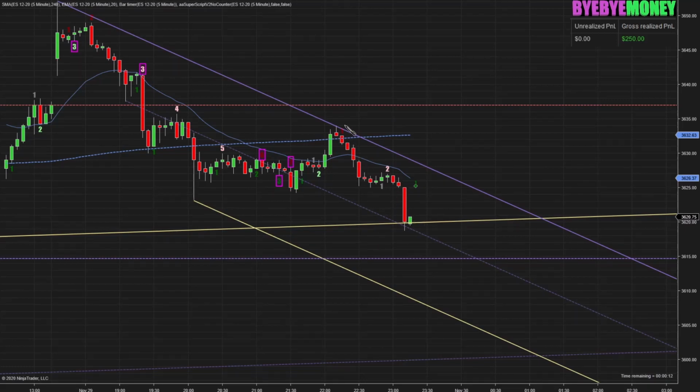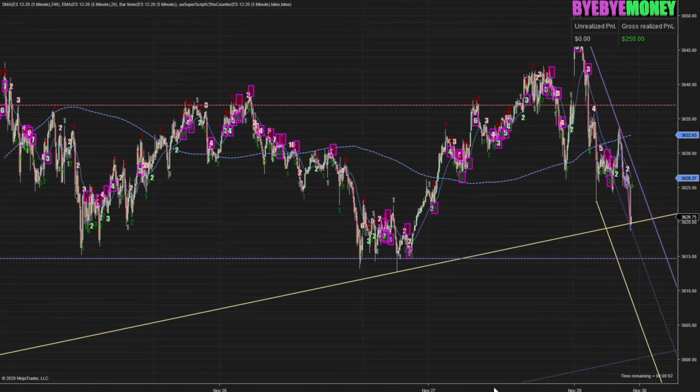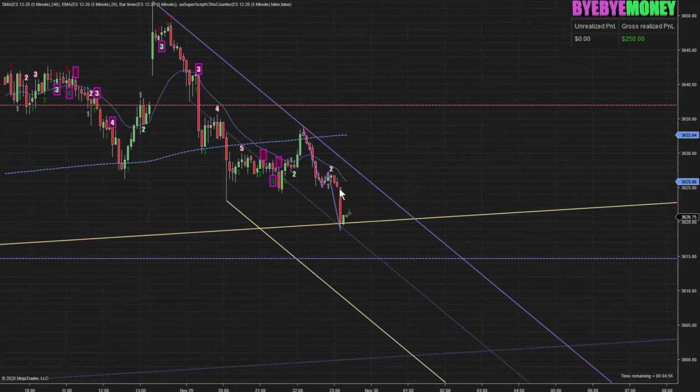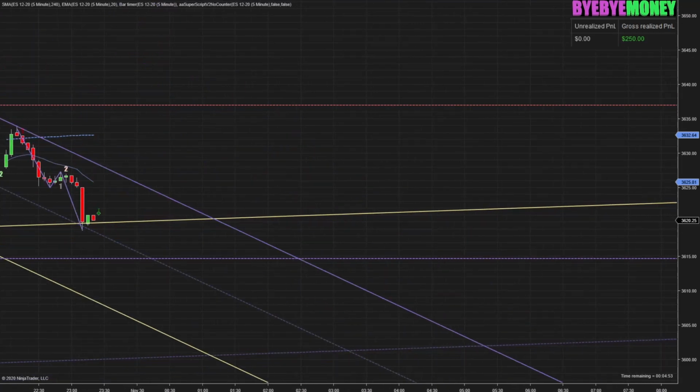We have an ABC pattern here, A, B, C, and this will be a two-legged pullback at a previously tested support right here, confirmed by that. But in my mind, this bar is way too bearish to go long against.